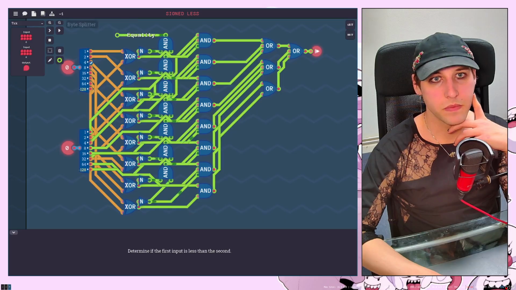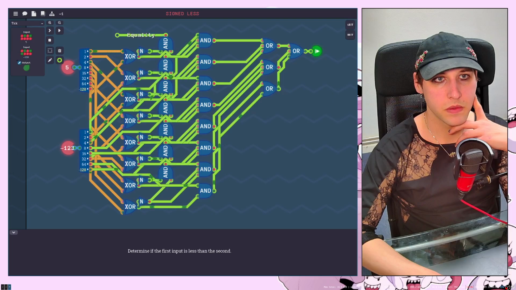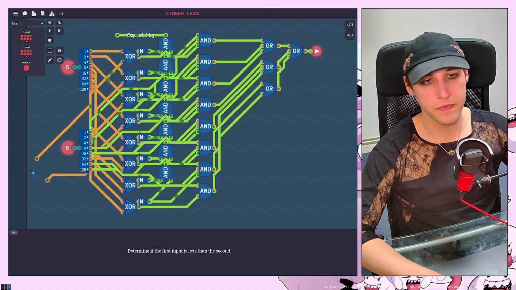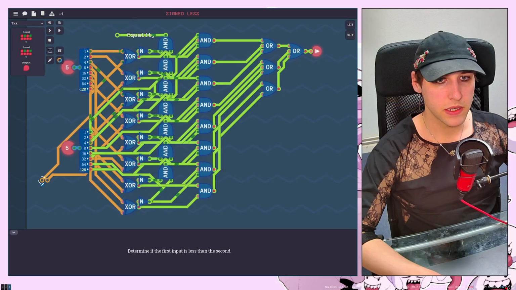Okay. Let's see. How does it look like? Again, let's negate the number. This is minus 123. So there's a case where the first number is negative and the second number is not.